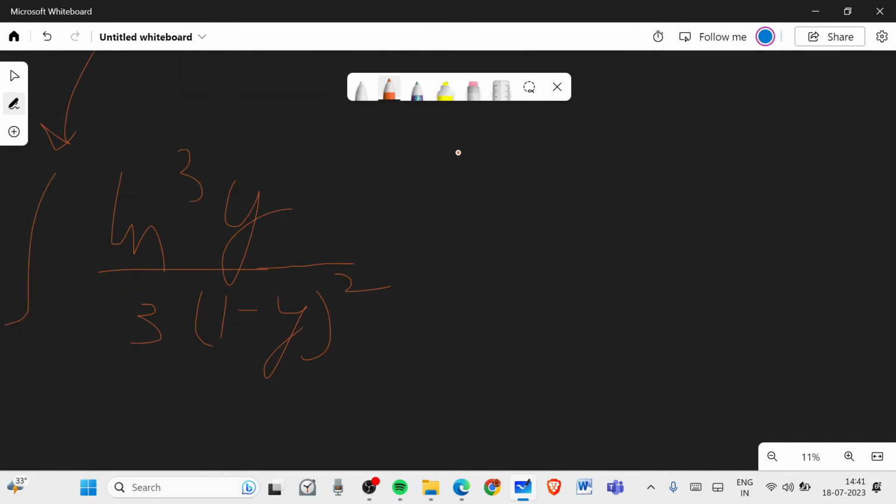So 1 by 1 minus y is 1 plus y, 1 plus y square plus y cube. Taking its derivative, we will get 1 plus 1 by 1 minus y square.